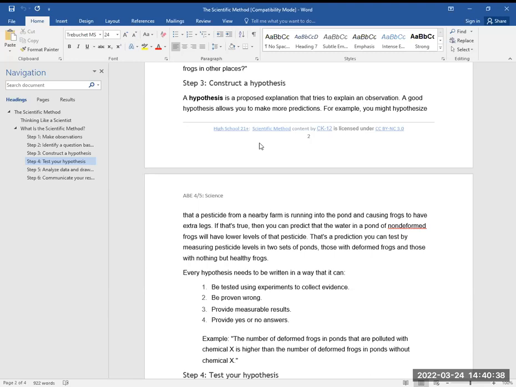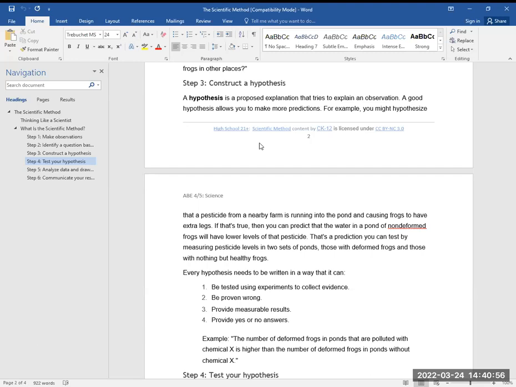So you're thinking, okay, if the pesticide is causing it, then the frogs with a higher level of that pesticide are going to have an extra leg, and the ones that have a lower level should be fine, right?